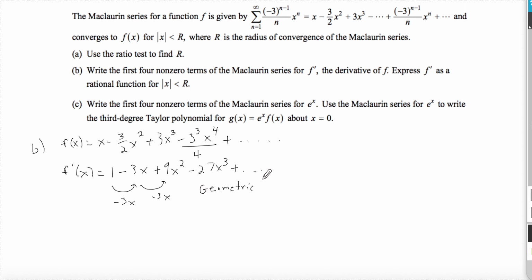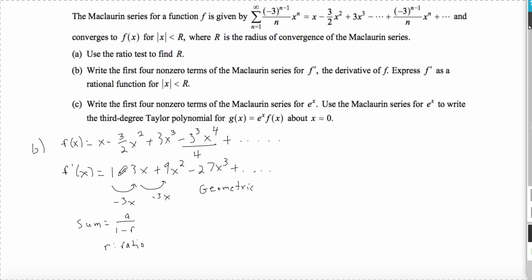Well, I know a geometric series, if it's going to converge, then the sum is going to be equal to a over 1 minus r, where r is the ratio I'm multiplying by each time, right? So if this is a geometric series, we are multiplying by the same thing each time, we can use this.